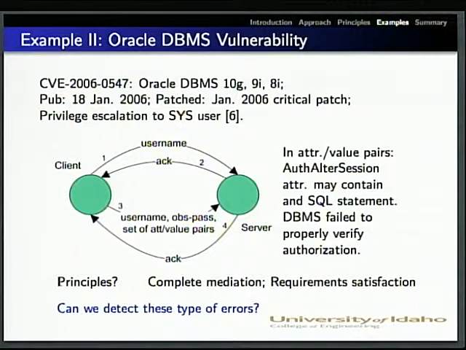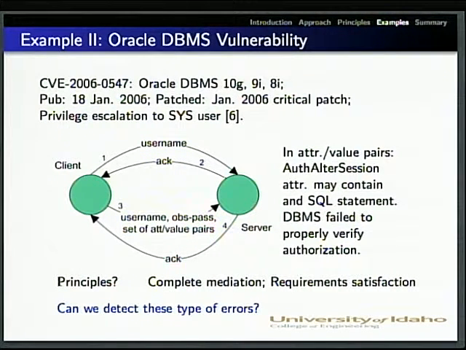So the question is, can we detect these types of errors? We talked about the earlier error, and given the state of the practice and the tools we have, that was an error that we can currently detect. But not all errors are that simple. Actually, most of them are not. Can we detect an error like this one?